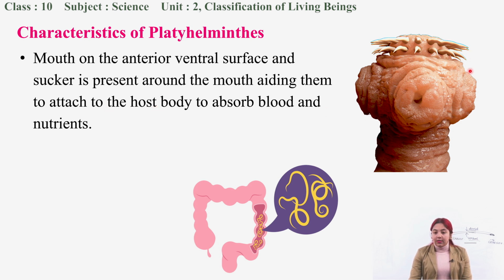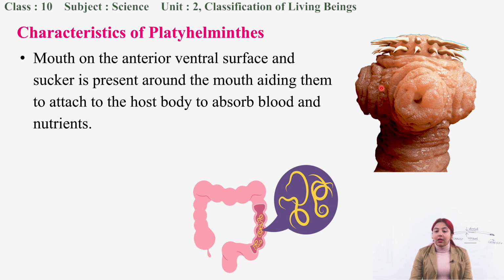Now, this is the head of a tapeworm, and these structures are called suckers. You can see these protruding structures are suckers, and this above part is known as the rostrum, and the rostrum possesses these hook-like structures in two different rows.